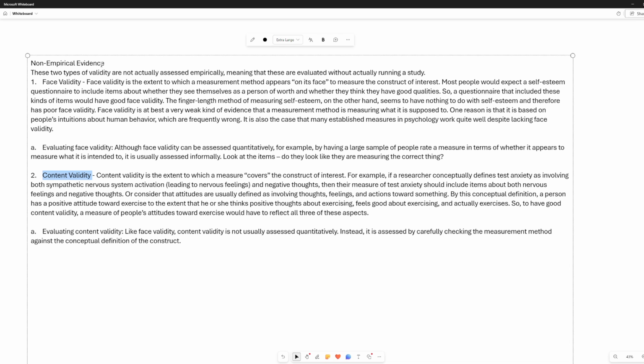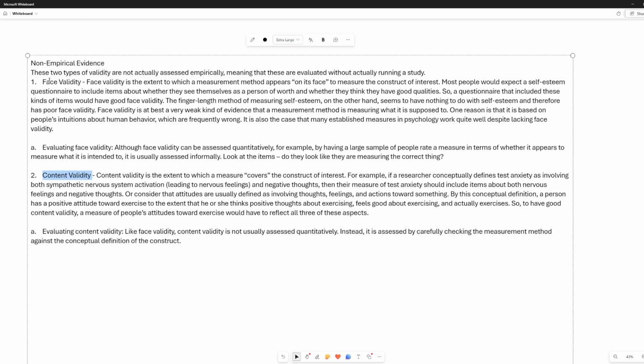Because if you expected, based on the previously established literature, that there would be a bunch of different parts to self-esteem or something else, then you would want to see all of those different parts represented in the items. The items are like puzzle pieces that go together to measure this overarching construct. And just like a puzzle, if you're missing different pieces, then you're probably not measuring the breadth of that construct.